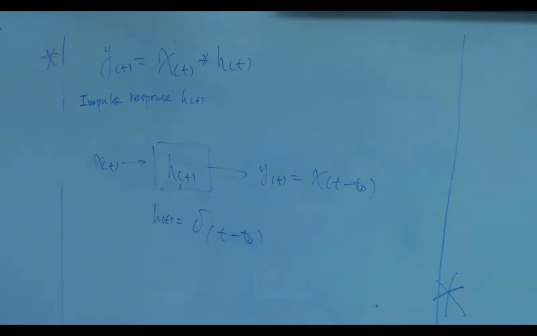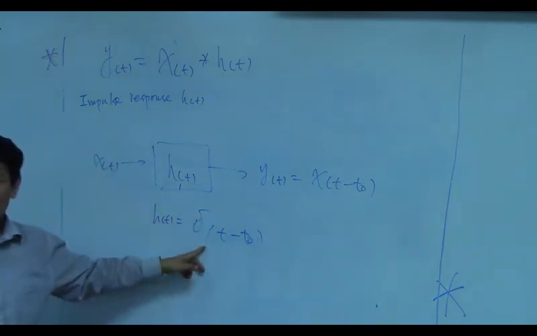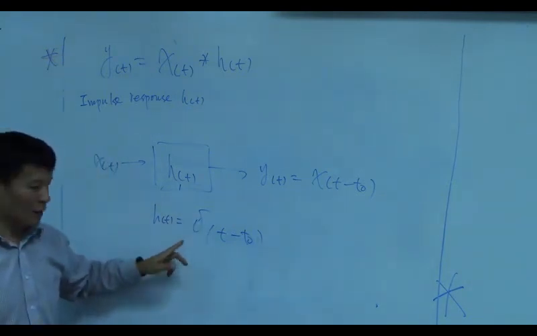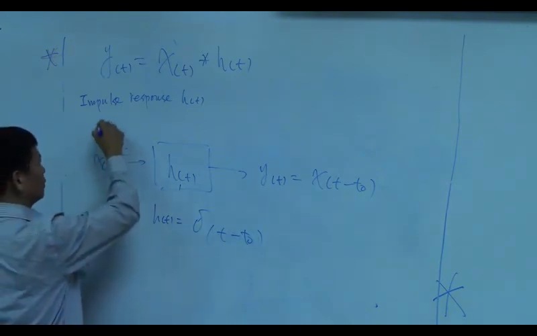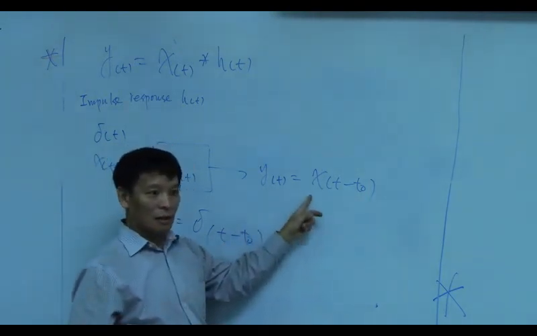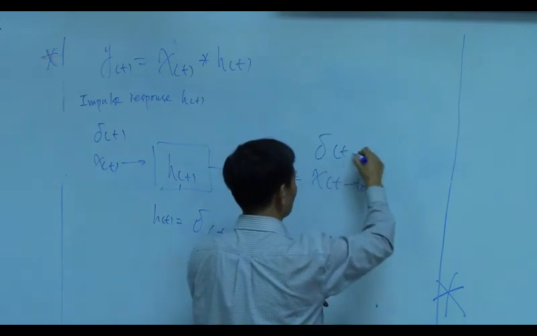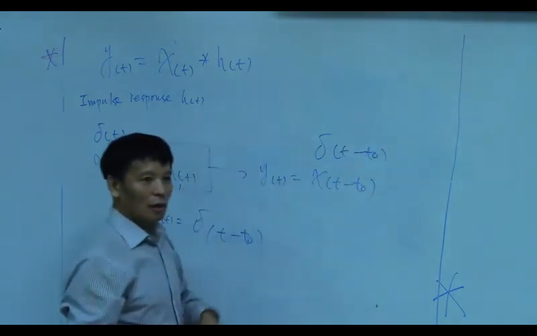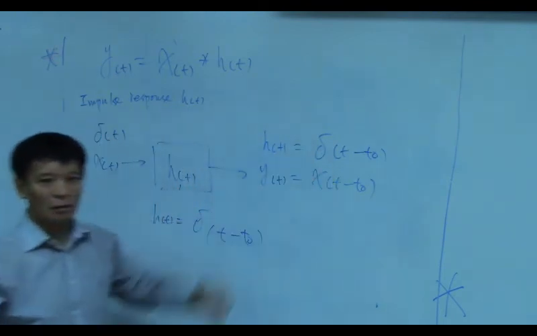So that's impulse. Why is this correct? When the input is an impulse, what is your y(t) here? That will be impulse delayed by time, right? So this one will be delta of t minus t sub 0. At this time, this y(t) will equal h(t). See, that's right.